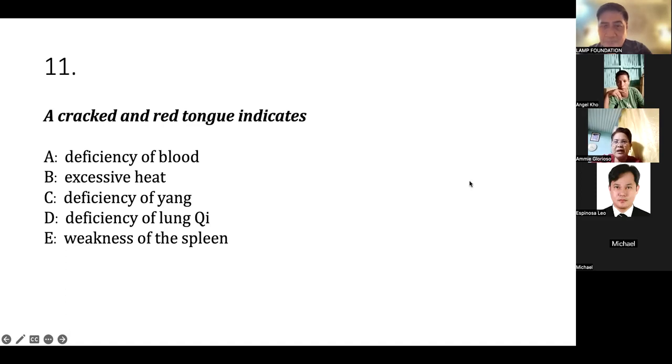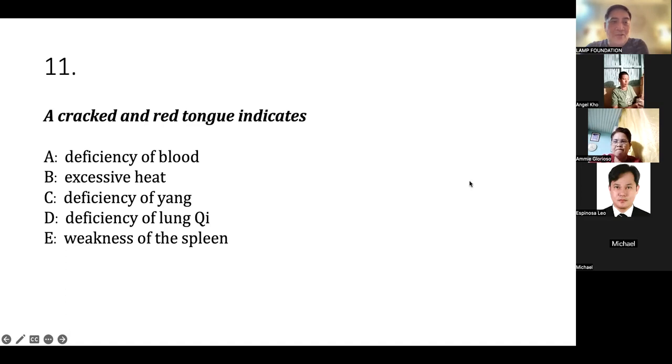Excessive heat, Doc, is red. Yeah, but what about the coating? Anong difference ba ng excessive heat sa empty? Doc, ang excessive heat is reddish and with yellow coating. Okay. Now you remember. Yes, Doc.